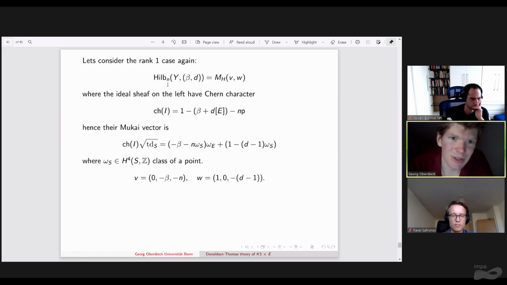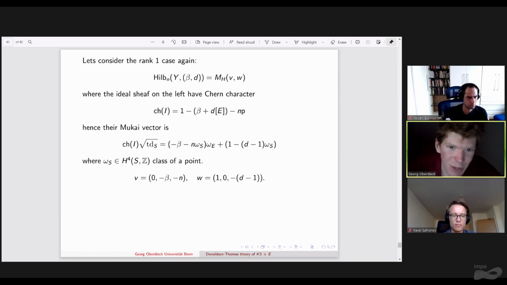For the Chern character, you're rank one, so you have a one there. You don't have a divisor class, and then you subtract the Chern character of the structure sheaf of the curve. So you subtract this curve class, and you subtract this holomorphic Euler characteristic times the class of a point.